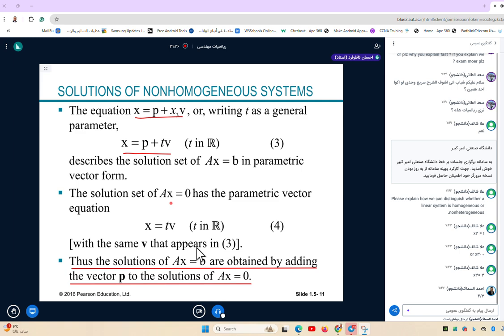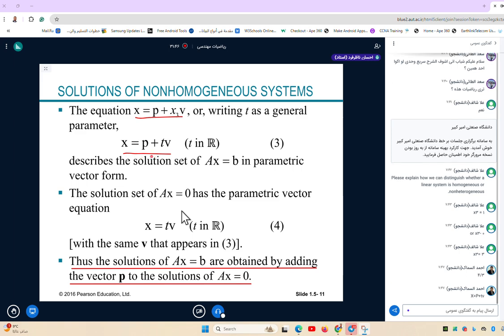And we have the relation between the non-homogeneous and the corresponding homogeneous solution. Because for the homogeneous one, the answer was just x equals tV. And for the corresponding non-homogeneous, we have x equals tV plus another vector.